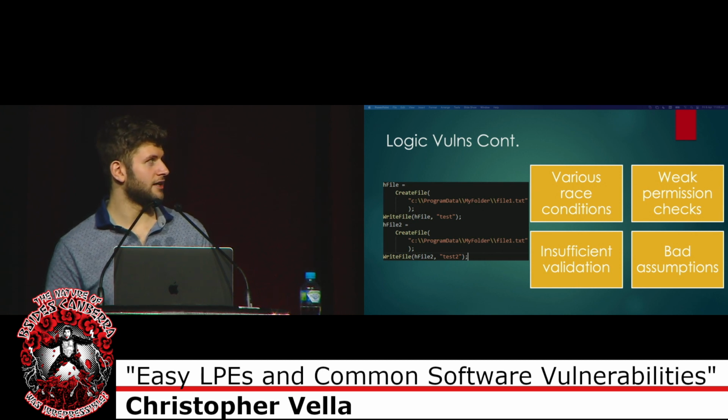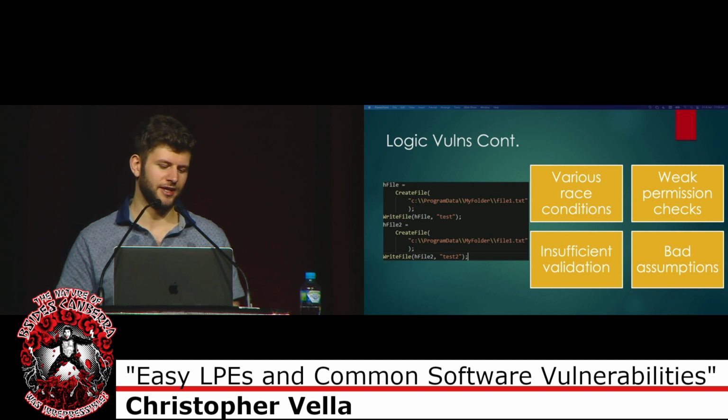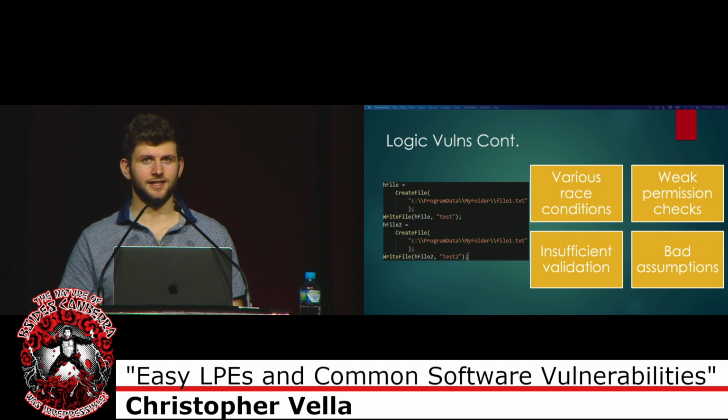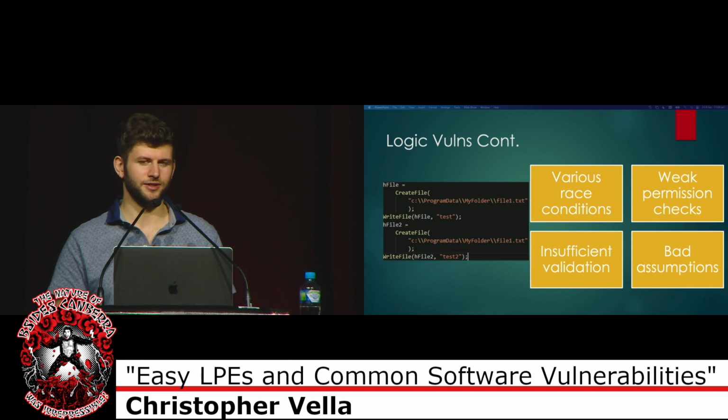So an example here, a little snippet, where we're opening a hard-coded file path and writing to it twice. An assumption here may be that the file being opened is the exact same file in both cases, or even that that file actually does live in C:\ProgramData\myfolder, which I guess technically may be the case, but due to the fact that Windows and other modern operating systems have file redirections in the forms of symlinks and junctions and hard links and things like that, C:\ProgramData\myfolder could potentially redirect to C:\Windows\System32.